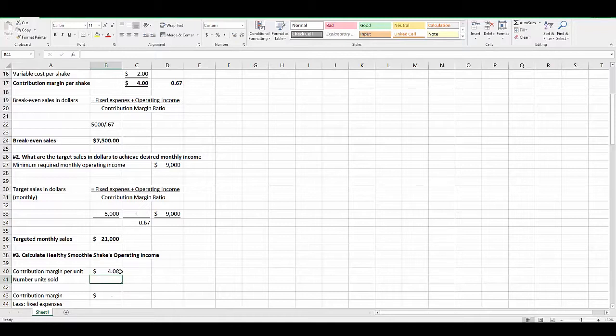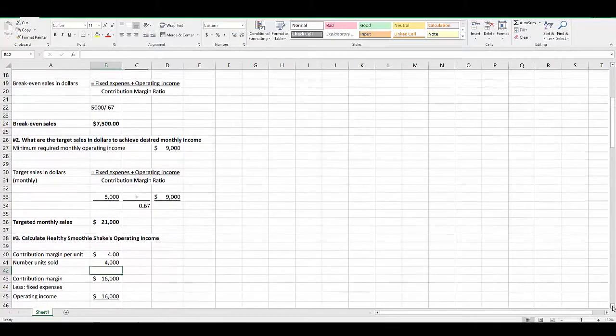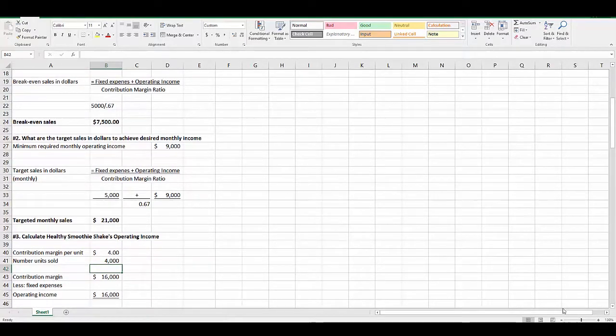Then we're told the number of units sold, given in the problem. It's 4,000 units. So this gives you a contribution margin of $16,000. This is really like a shortcut to completing your income statement.